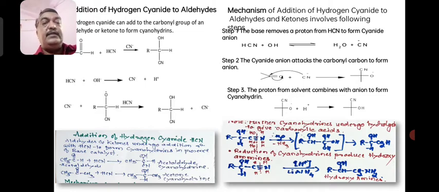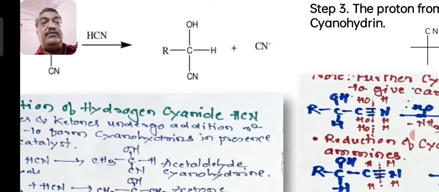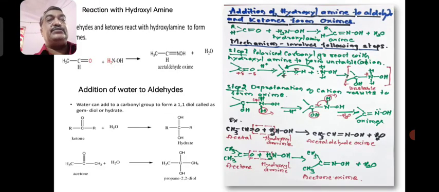Then you can see the specific example for your convenience. Acetaldehyde when treated with HCN forms cyanohydrin of acetaldehyde, or acetaldehyde cyanohydrin. Similarly, acetone under the same conditions with HCN gives acetone cyanohydrin. So these are the two reactions.